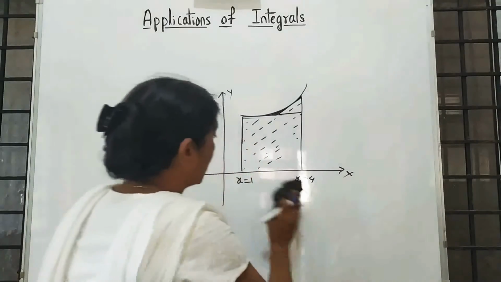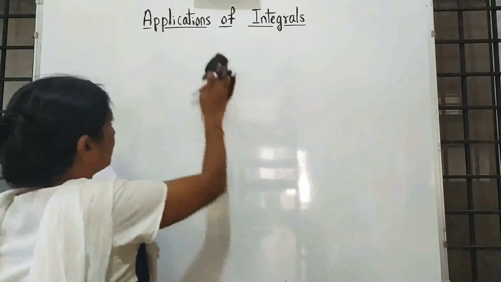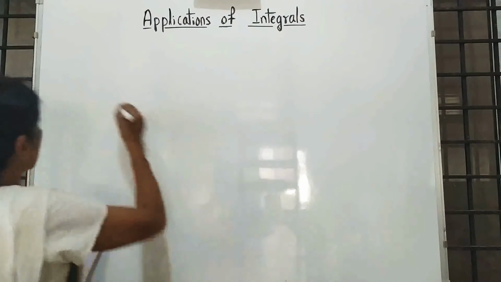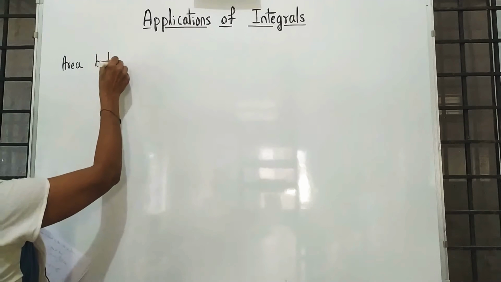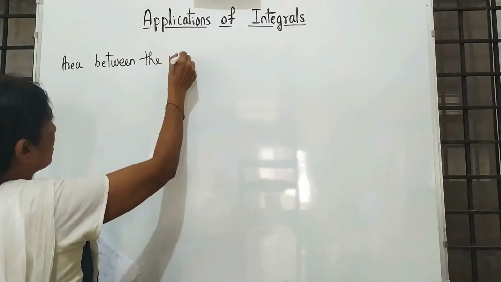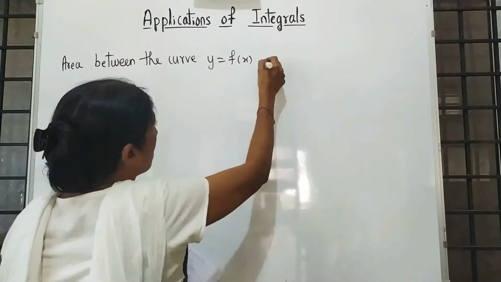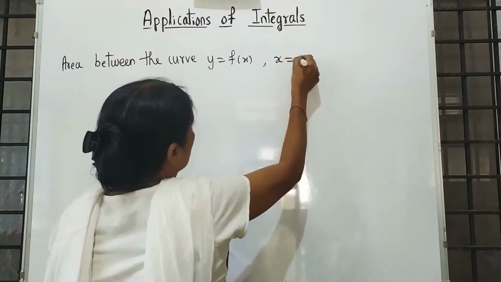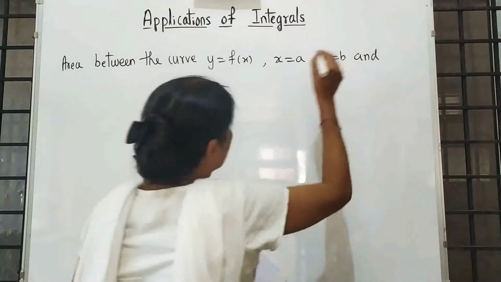To find the area between the curves, two things we have to remember. One is the area between the curve y is equal to f of x, x is equal to a, x is equal to b, and the x-axis.